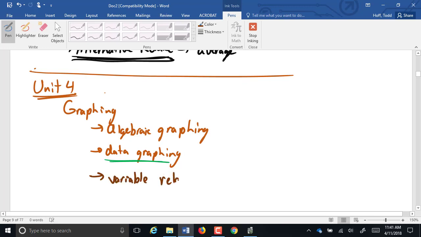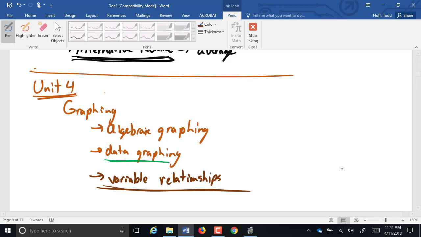That's actually a very powerful tool as you move forward. My background is engineering, and variable relationships, variation, really is the concept involved. It is one of the more powerful tools as you try to apply math, because of the variety of things it can be applied to.